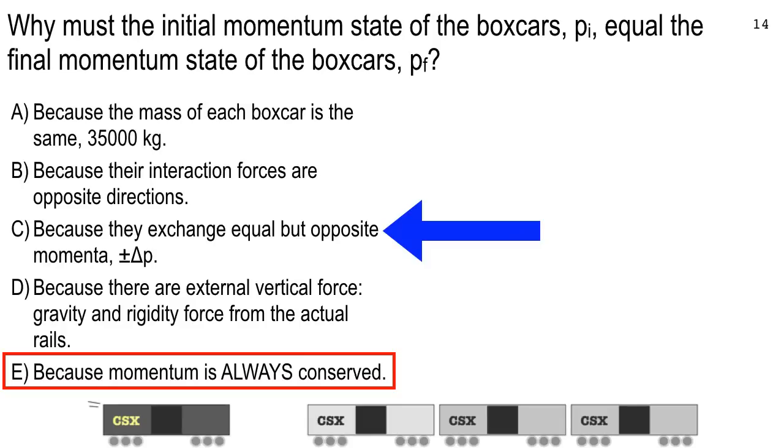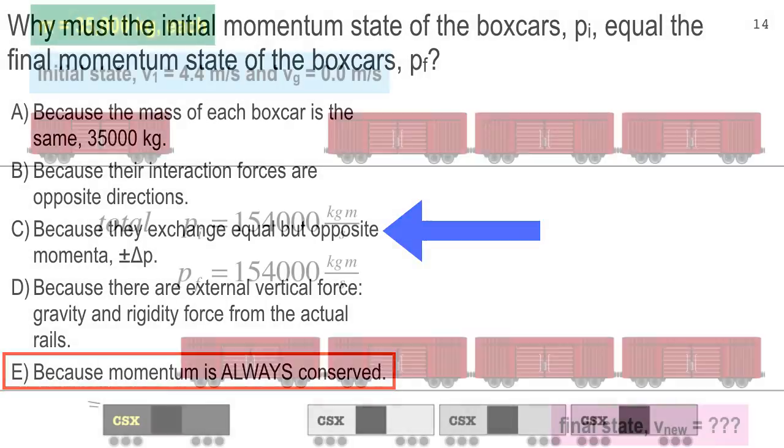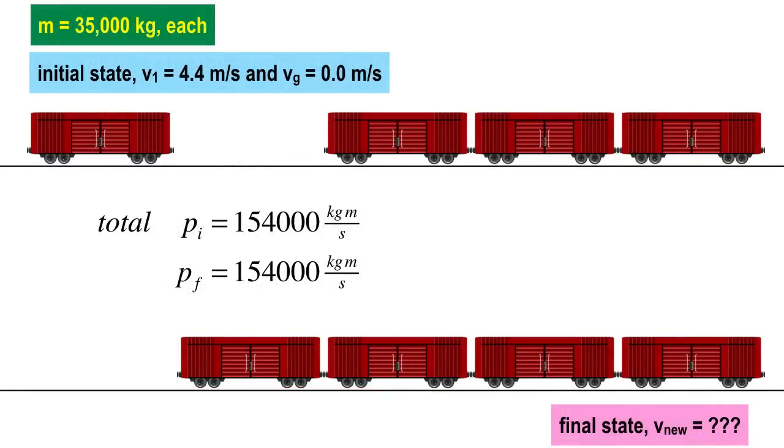So whatever rightward momentum that boxcar 1 loses at the bump, the other 3 acquire. And boxcar number 1 gets the same amount to the left, so he slows down with some leftward delta P. So let's continue with the problem here.